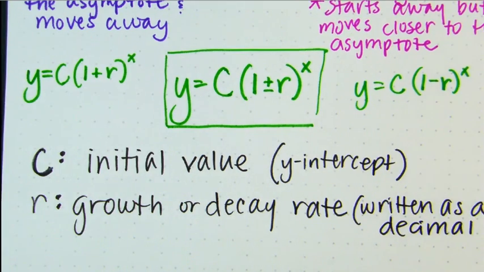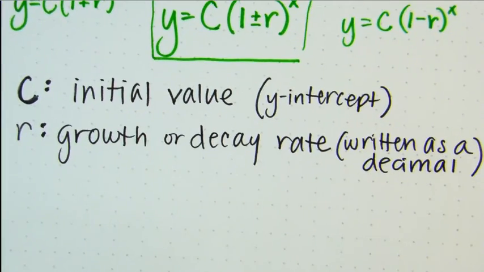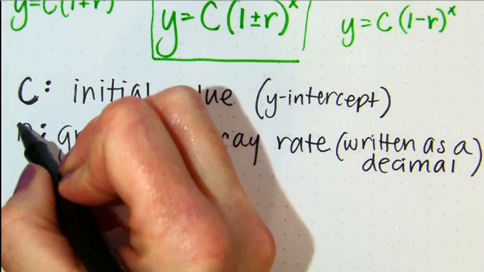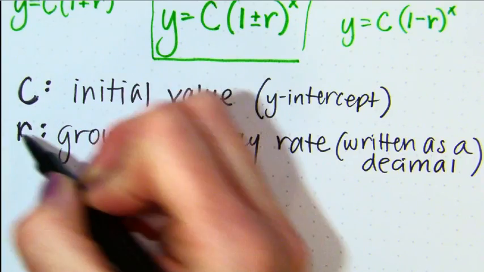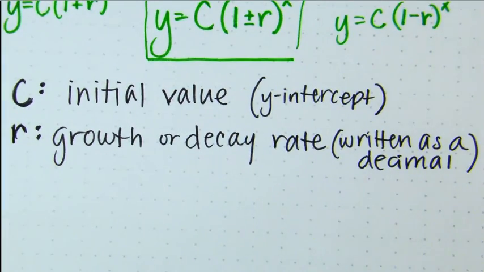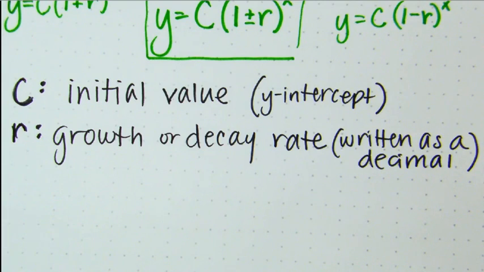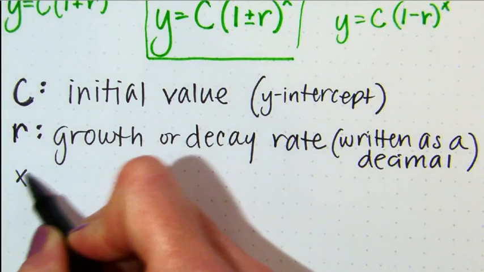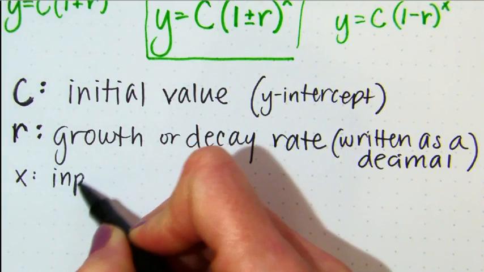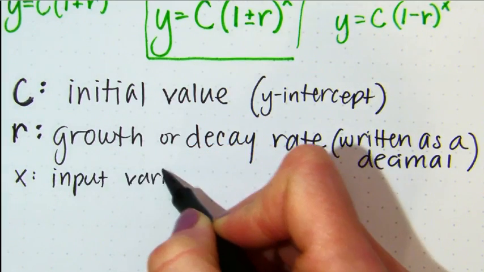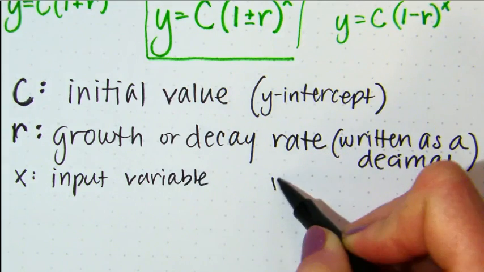The reason it'll be written as a decimal is because usually those are percents, almost always percents. And again, you'll see in a minute why we have the 1 there. And our x is the input variable. The y is the output.